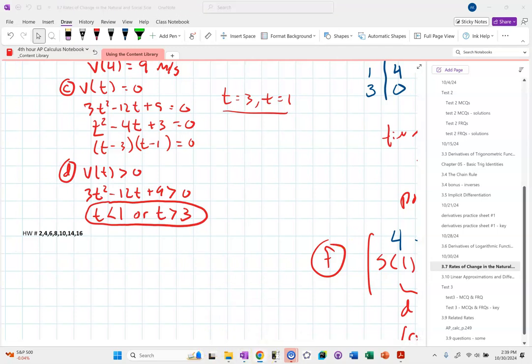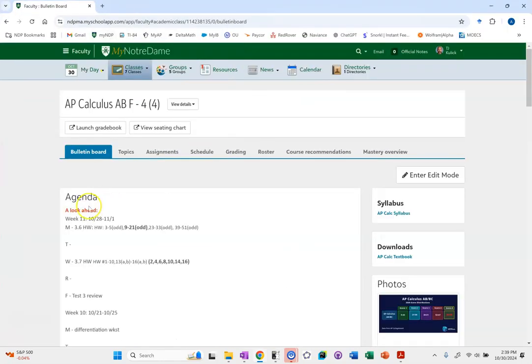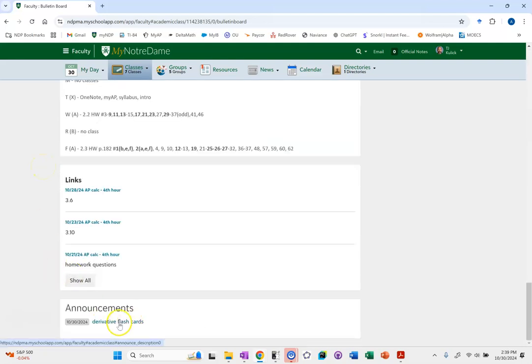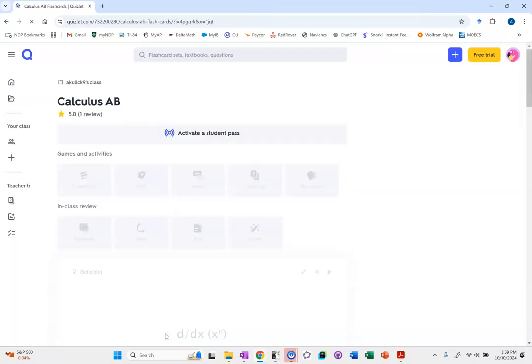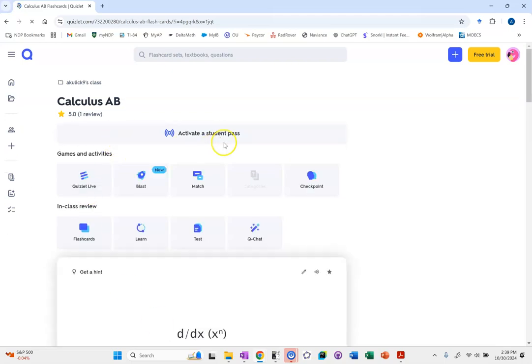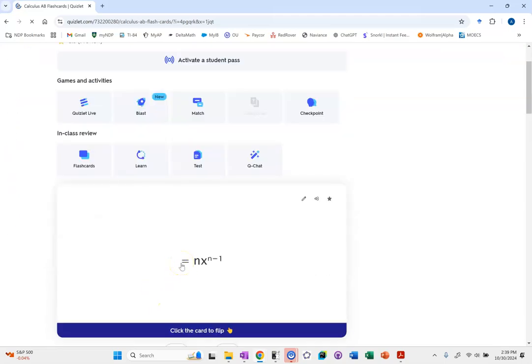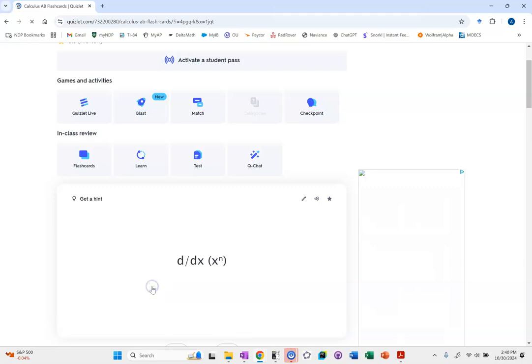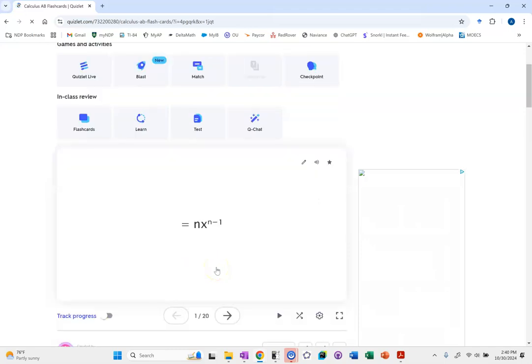A couple of other things. I did this for you guys after looking at the derivatives practice. If you go to your My Notre Dame and look at the announcements, there's a link to a Quizlet I made of the derivative flashcards. Like the derivative of x to the n is n times x to the n minus 1. The derivative of e to the x is e to the x.